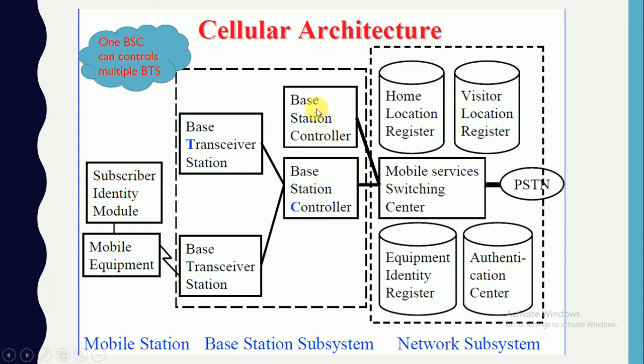Here in the third block, see, mobile services switching center. The base station controller works as an interface between the BTS and the mobile services switching center. The MTSC will again act as an interface. See, BSC is hidden.